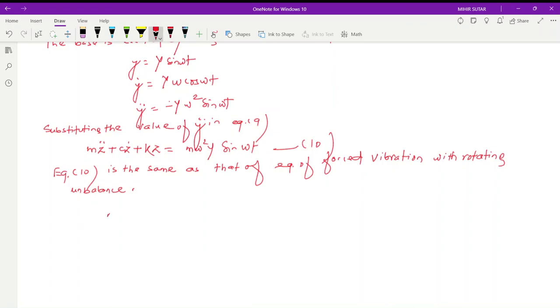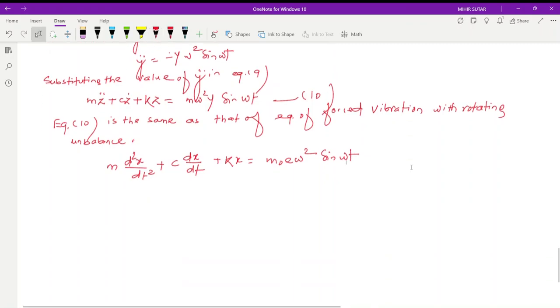So you can write it as m d square x by dt square plus c dx by dt plus k x is equal to m0 e omega square sin omega t.